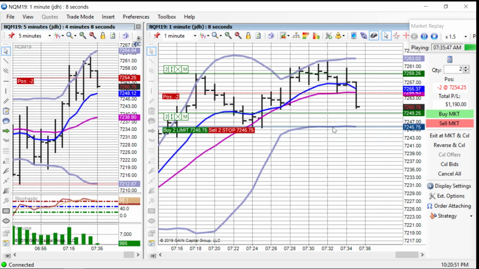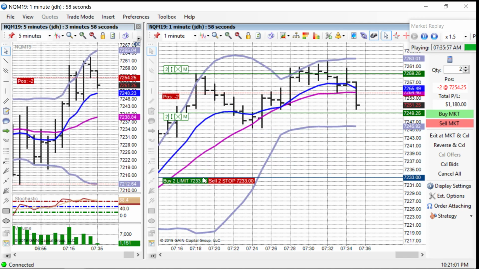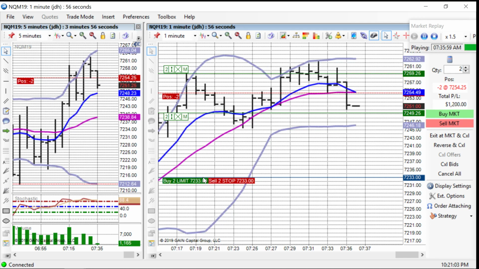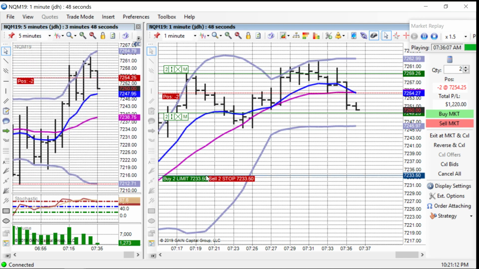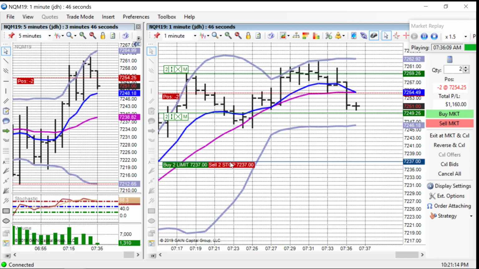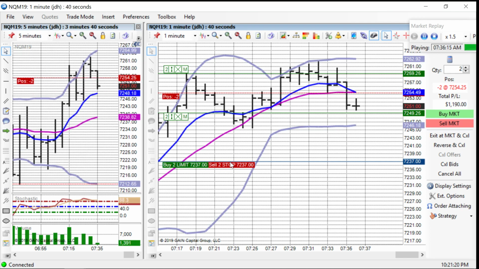Even though this is flat, we're trading into a flat Bollinger Band here, which is where I would expect the bounce. It's going to play with me a little bit.